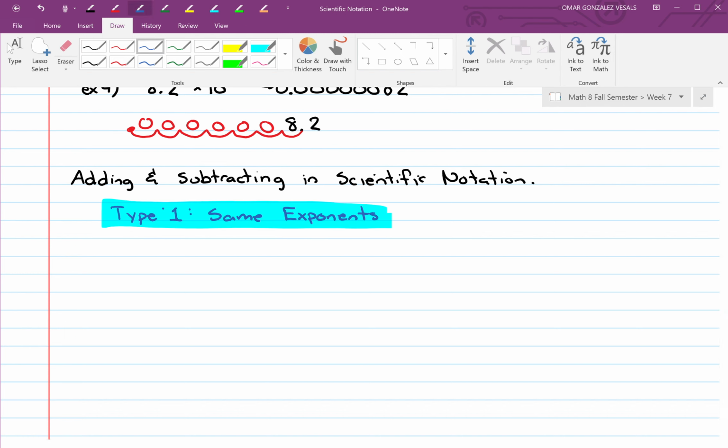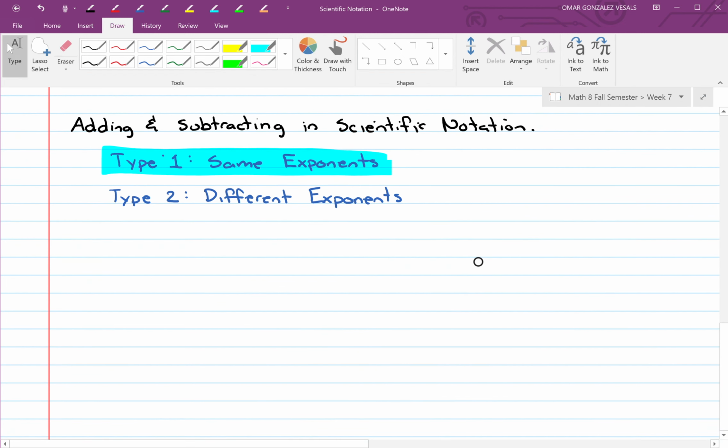That's the easier of the two. And then there's type 2, when you have different exponents. And that's what we're going to work on tomorrow. So the one we're working on today is type 1, when we have the same exponents. And this is what I mean by it.